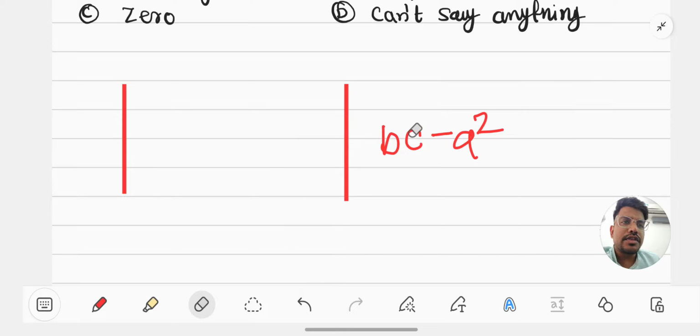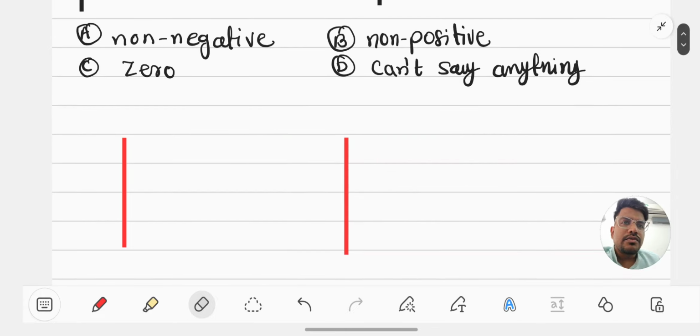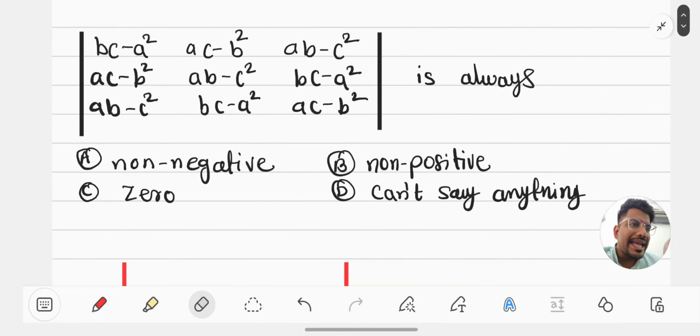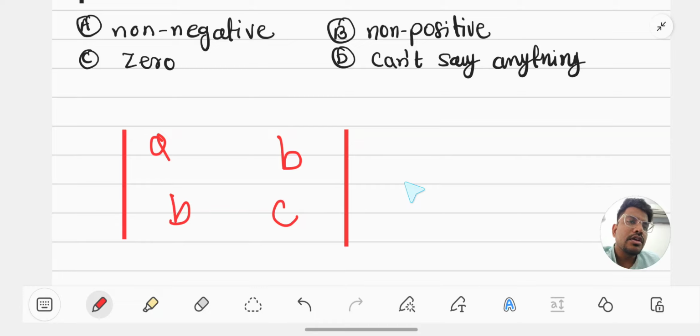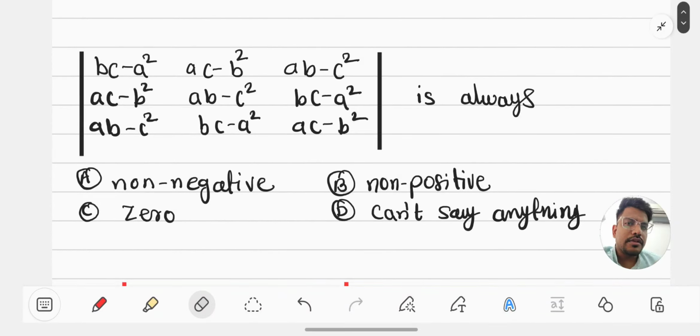And similarly, if we check out the other one, which is AC minus B square, that can be written as A, C, B, which is nothing but AC minus B square. So we understand one particular fact, that all these elements are in a way smaller determinants.